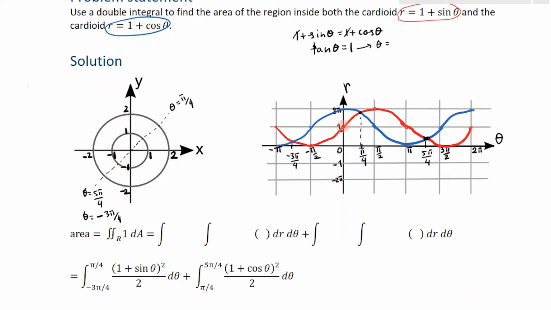So at 0, the red one has r equals 1, then it becomes 2, then it becomes 1 again, and then it becomes 0. So we know it looks something maybe like this and like this.